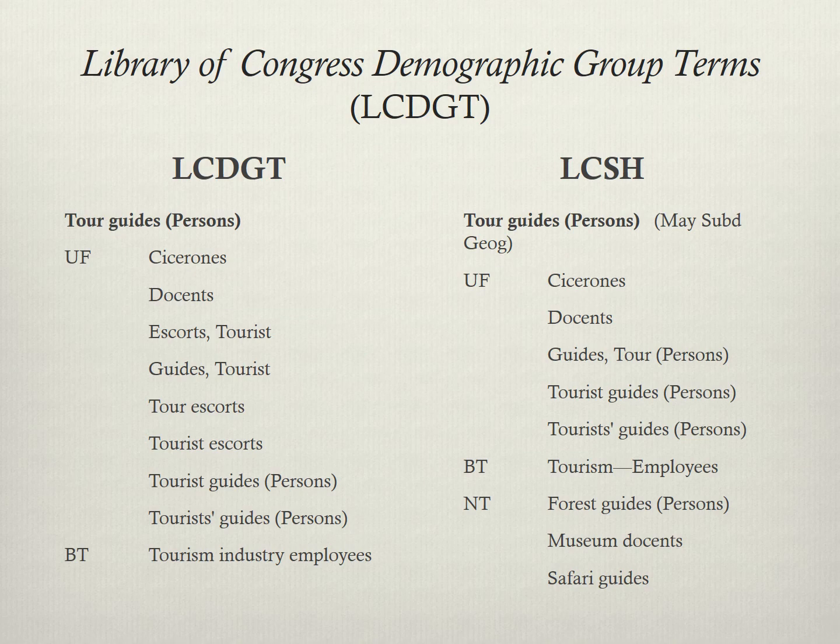We have use for, and we have broader terms for both of them. There are some narrower terms for the LCSH version. And you'll also note, I didn't mention this in the last example, that in LCSH there is that little phrase in parentheses, may SUBD GEOG. This stands for may subdivide geographically.